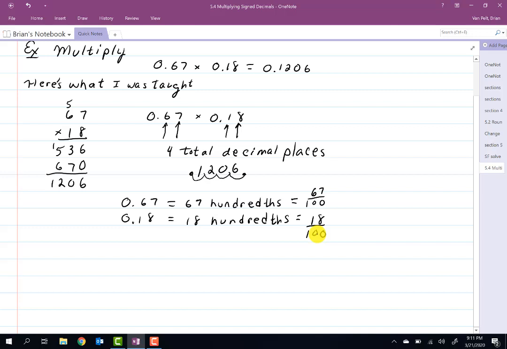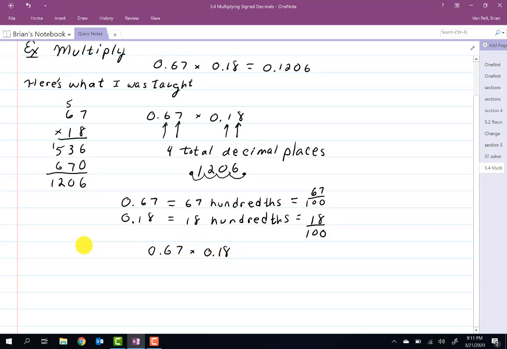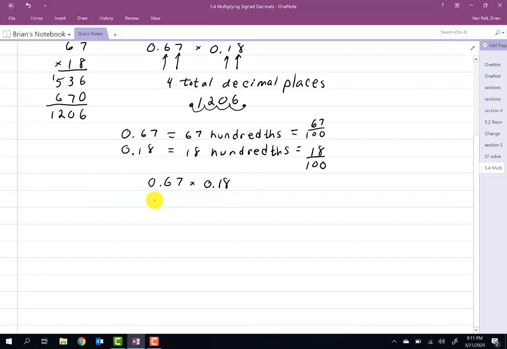So when I multiply the two of them together, 0.67 times 0.18, if you keep track of the fractions, they'll tell the story. 67 over 100 times 18 over 100. When you multiply fractions, of course, you multiply across the numerators and you multiply across the denominators. So on the top we got 1206, and on the bottom we get 10,000.